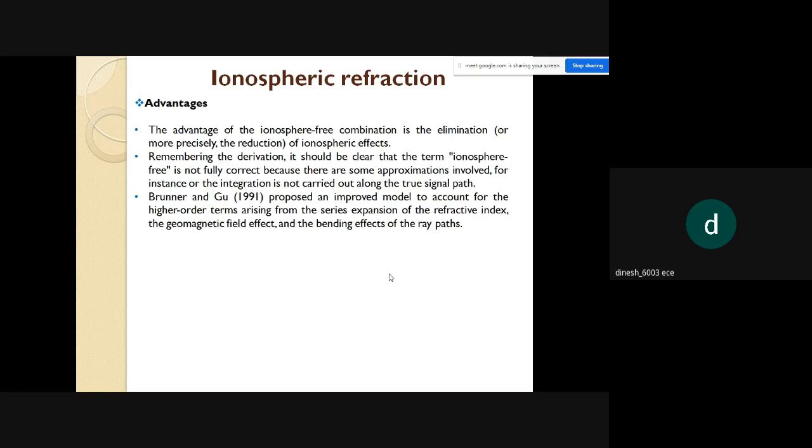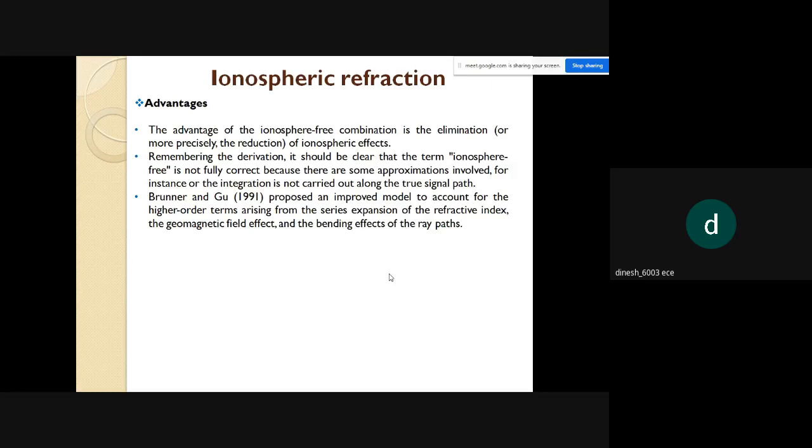So, what are the advantages or the pros present in the ionospheric refraction? The advantage of an ionosphere free combination is the elimination of ionospheric effects. If the ionospheric effects are removed or minimized, then we may account for an approximate increase of 40% in the efficiency of the signal propagated from the satellites to the appropriate users or receivers.